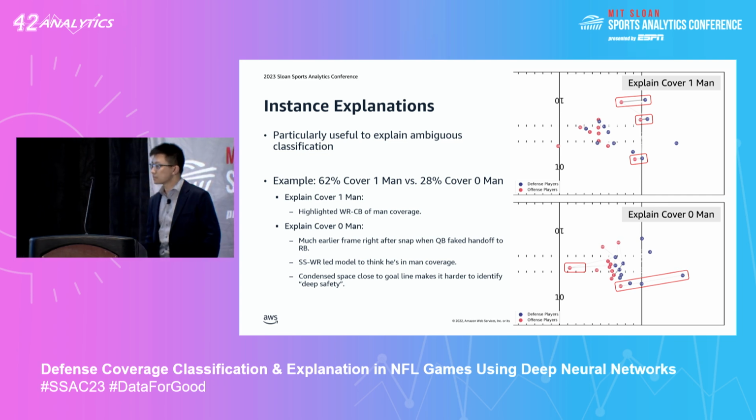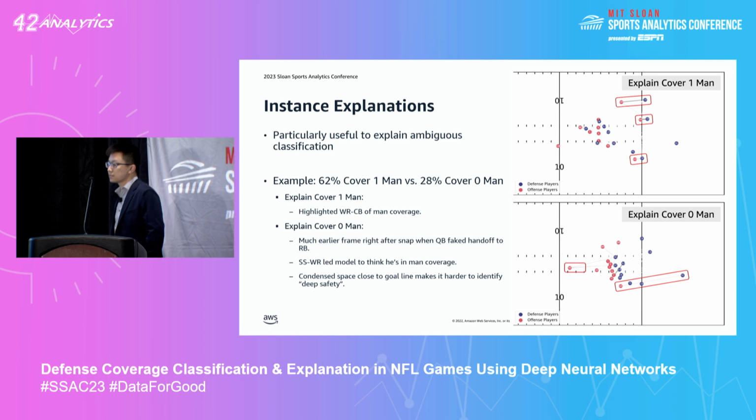So for example, you have this high safety who's not close to anybody, and you just have a set of dumb logic rules, like how close is he to the nearest receiver? Is he racing towards the pass rush? Is he backpedaling? Things like that. So if I have a tweener between cover 1 and cover 0, I can break the tie. So I think that would be helpful.